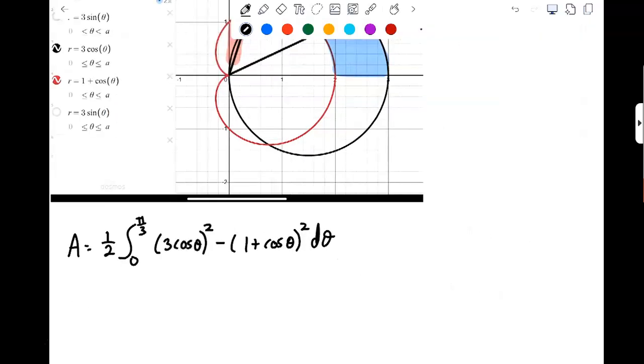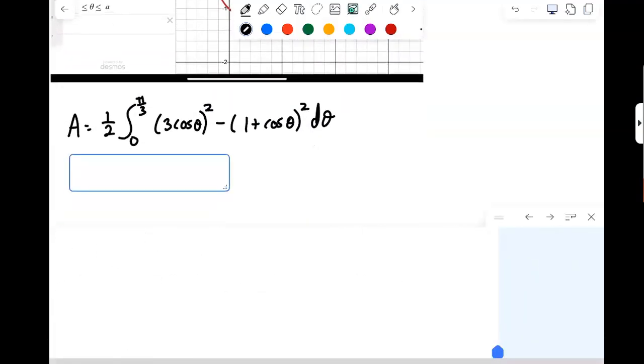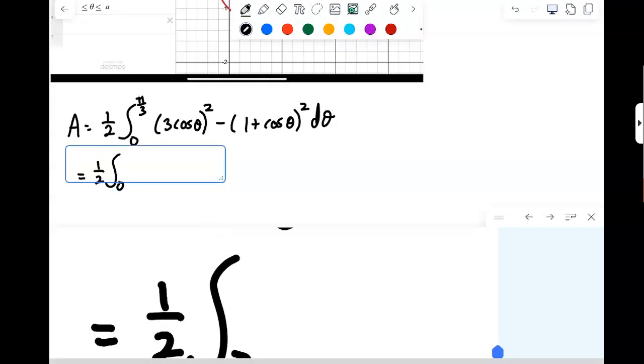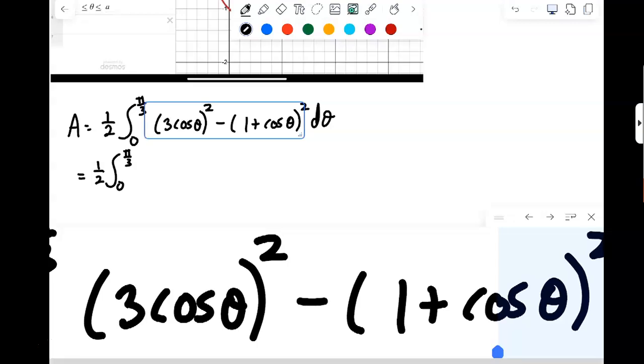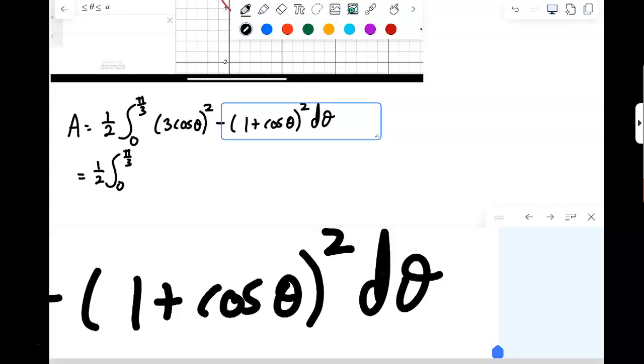And then we set about working out this integral, which is going to take us a little bit of work. Okay, so with that in mind, let's do some expanding here. 1/2 integral 0 to pi over 3. Now when I multiply this out, that'll be 9 cosine squared. But I'm subtracting off this piece, which is 1 plus cosine theta times 1 plus cosine theta.